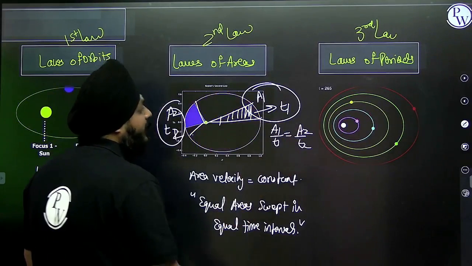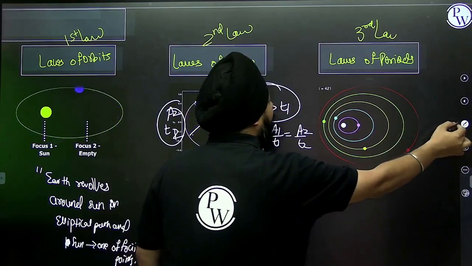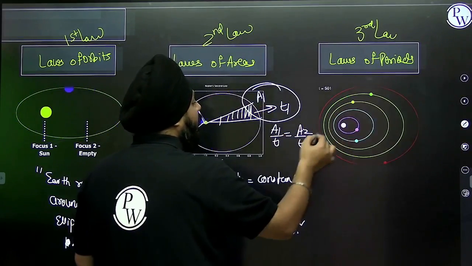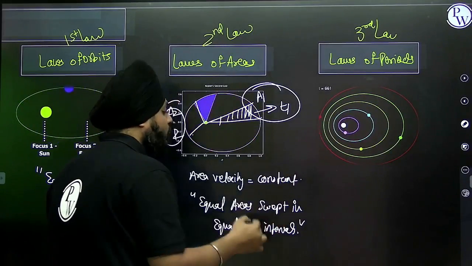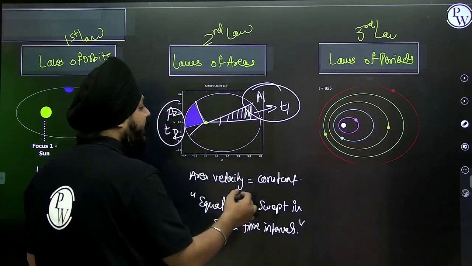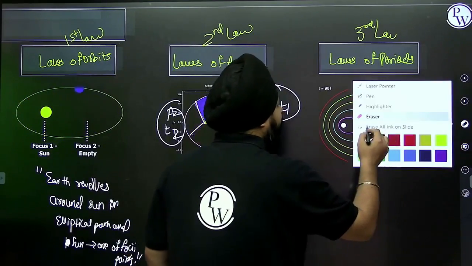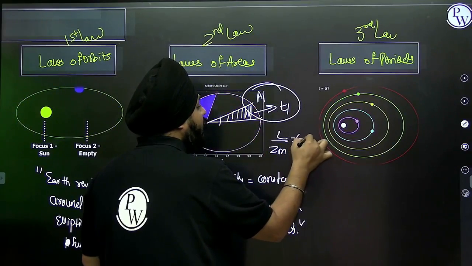This areal velocity is completely constant. This is not an exact equation, but we can say areal velocity is constant. In another form, areal velocity can be written as L by 2m, angular momentum by twice the mass, which is equal to a constant.